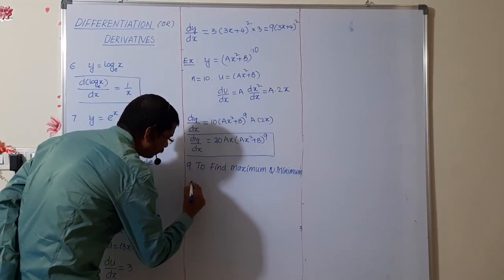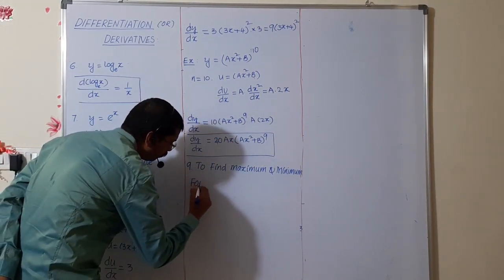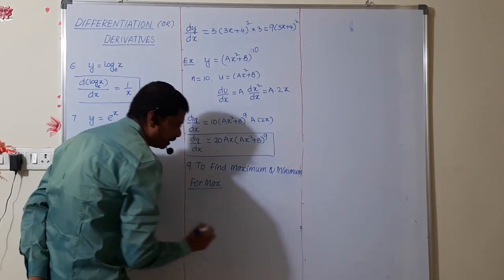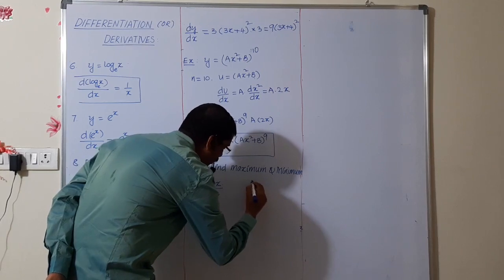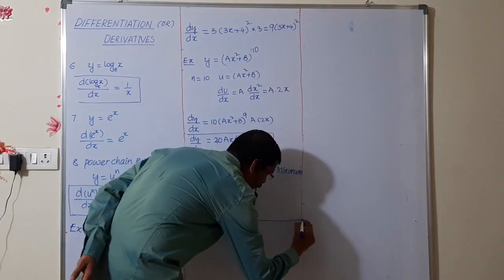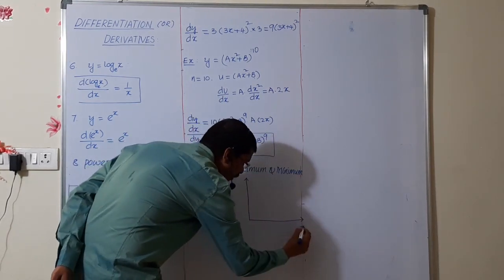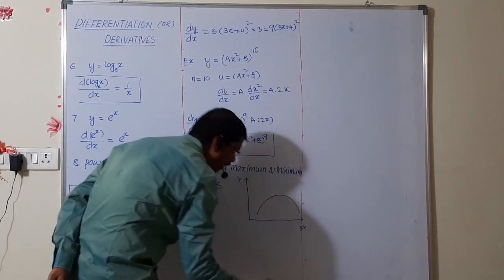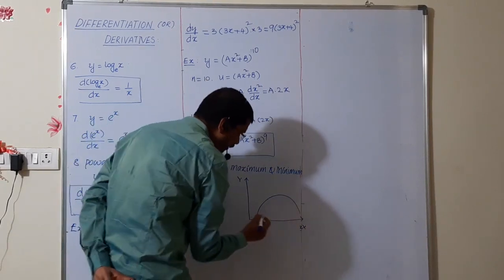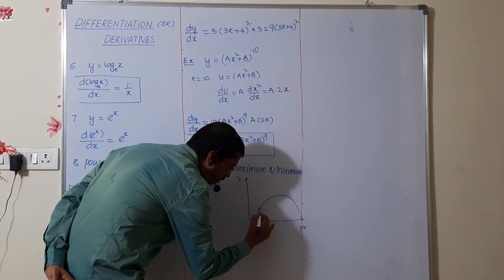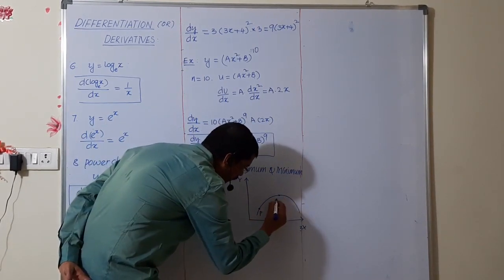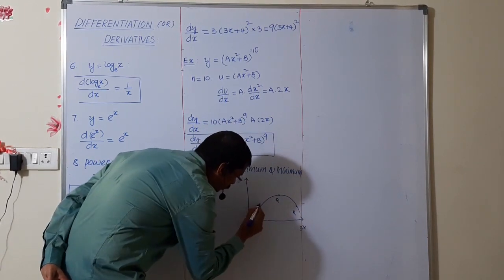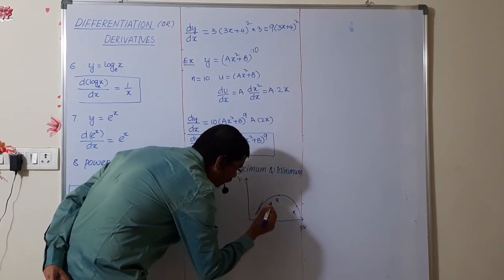First I am taking the maximum. What is the condition? Now I am taking one graph. It is x and this is y. In this part, here I am considering one point P. Here I am considering Q. Here I am considering R. If you draw the tangent here, this is the tangent.